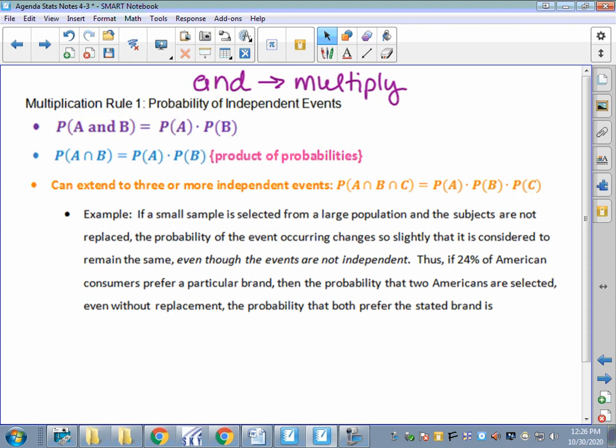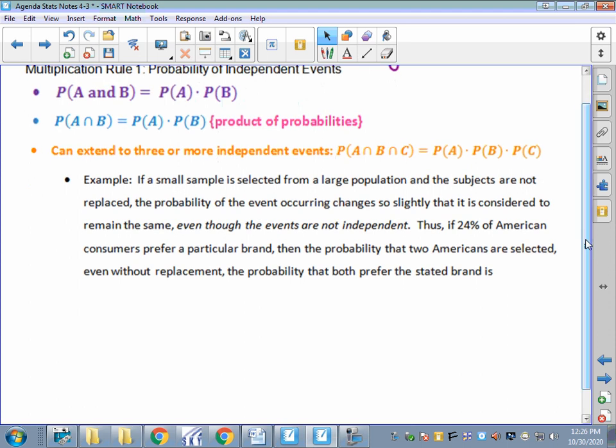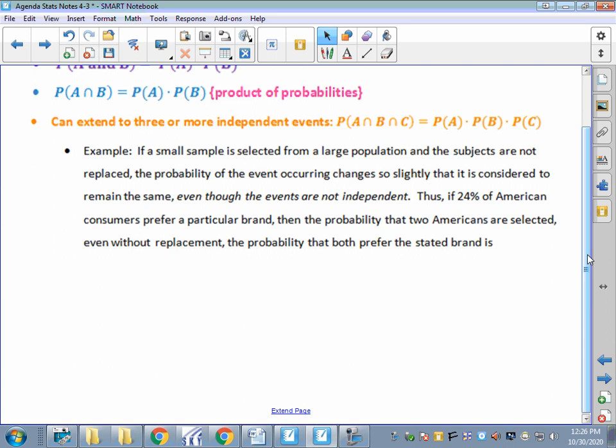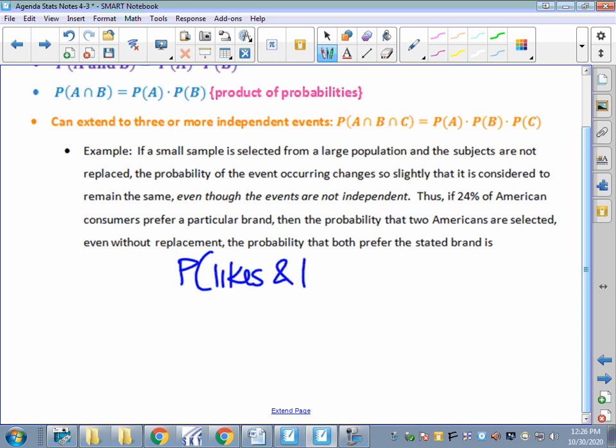Let's say that 24% of American consumers like a particular brand of toilet paper. Then the probability that 2 Americans selected, even without replacement, both prefer the stated brand, so the probability of likes and likes, is equal to, now I did this sneaky here, but it's an AND, right? The probability that the first person likes that toilet paper, and then the second person likes that toilet paper. Our probability is written as a percentage this time, but we can still do that.